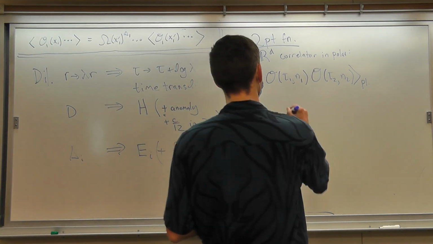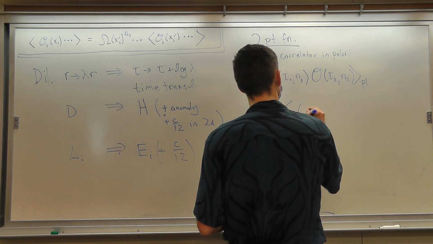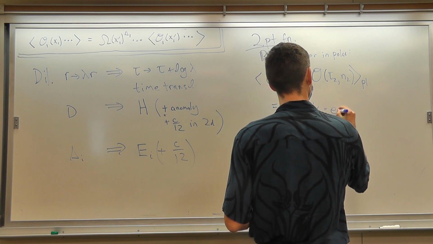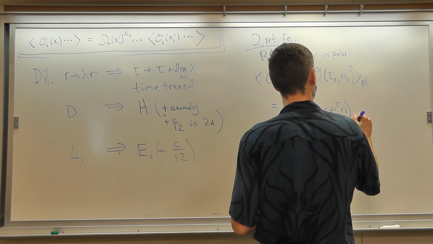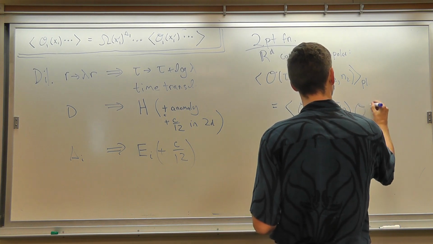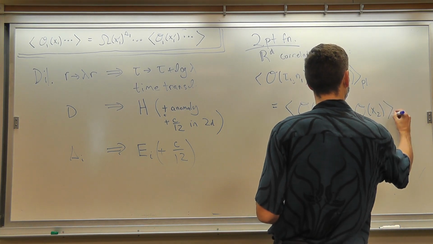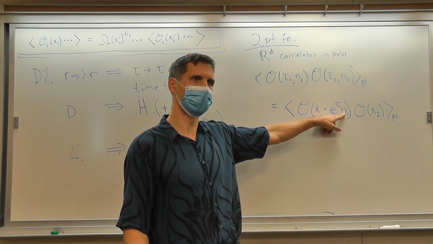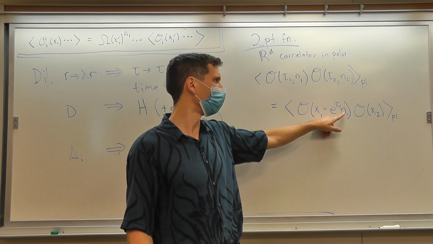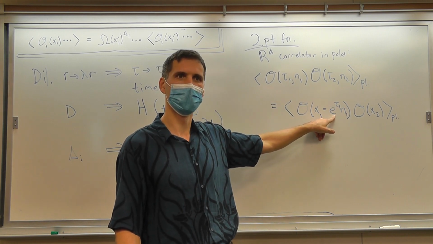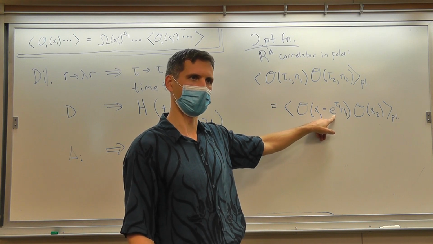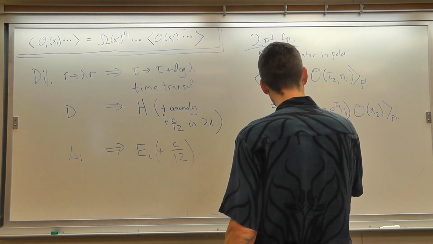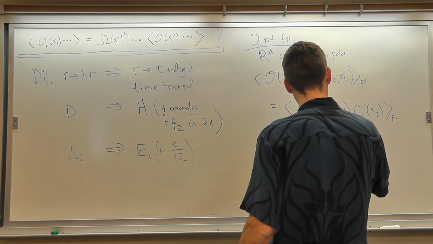So this is just given by the usual 2-point function on the plane. The coordinate change is x1 is e to the tau 1 n1, and similarly for x2, because n is a point on the unit sphere, and remember r is e to the tau. So this is just the usual change of polar coordinates. And in that coordinate system, we know the answer. It's |x1 minus x2| to the minus 2 delta.